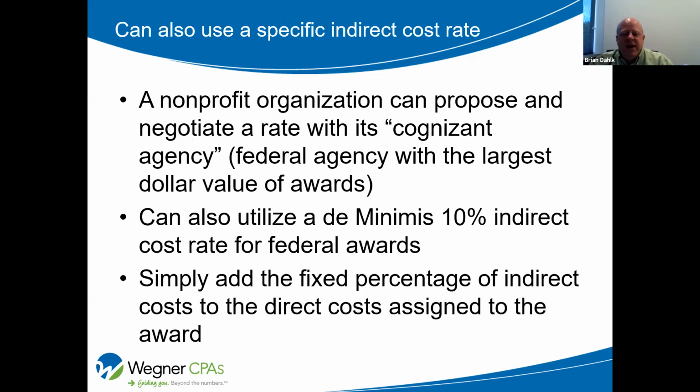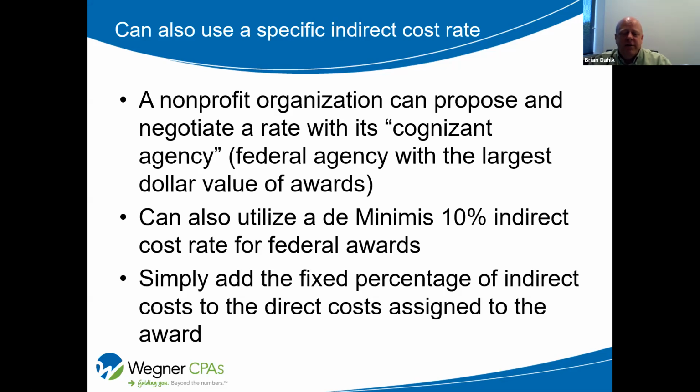One way to get an indirect cost rate is to negotiate it with what is called the cognizant agency, the federal agency with the largest dollar value of the awards for the nonprofit. Or you can use a default de minimis 10% indirect cost rate if you want, in which case you don't have to do any negotiations with any federal agencies.